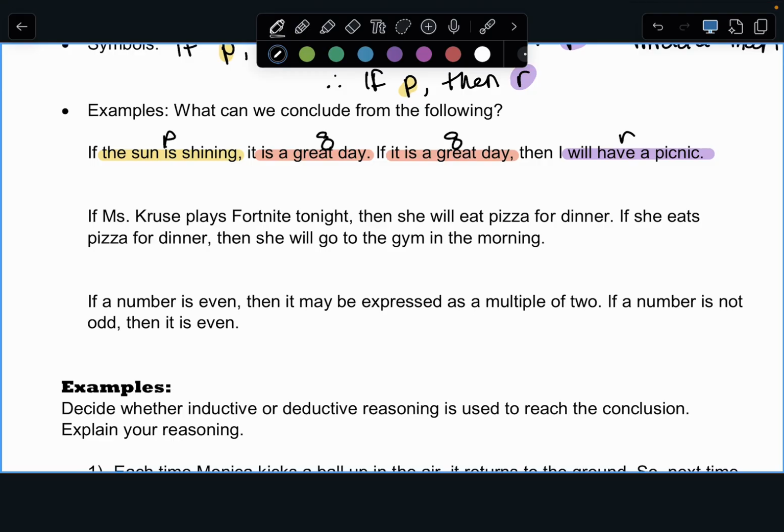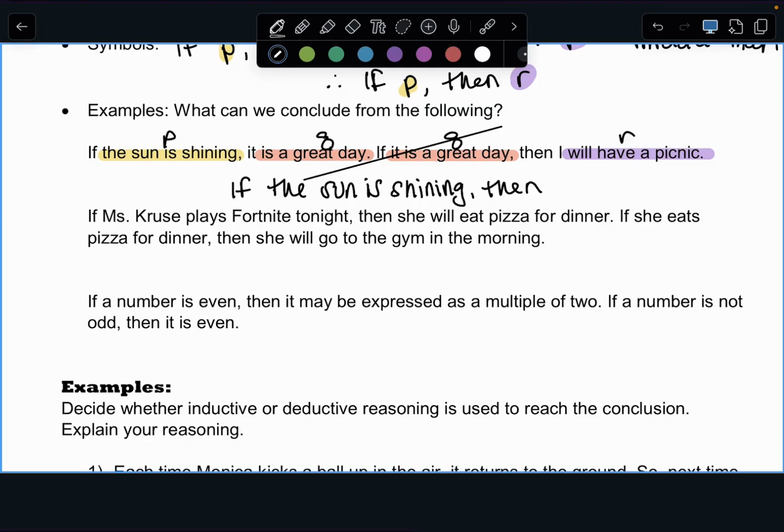Okay. First question here is, do we have a middleman? Yeah, who is it? It's Q. So, Q goes away. We're canceling Q. And we get if P, so if the sun is shining, then what happens?